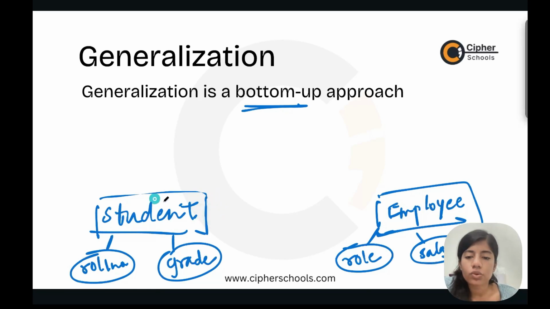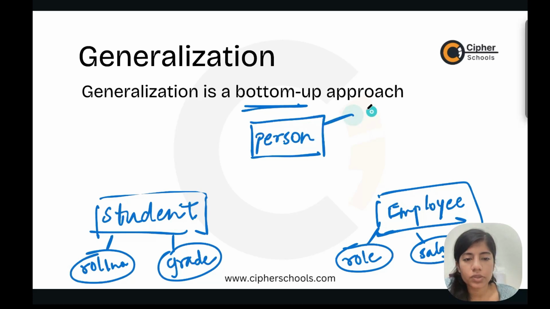So instead of storing the same data again and again in two different entities, we prefer to create one general entity and store the common attributes inside it. If we prepare the general entity as person, we can store the name of the person as an attribute, and we can have some contact number.